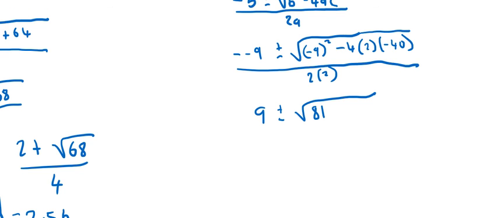So yeah, it's going to be 4 multiplied by 2 multiplied by 40, so we get 320, and then because the minus is being times by another minus, we get plus 320 all over 4, and then we're just going to add 81 and 320, so we're getting 401.